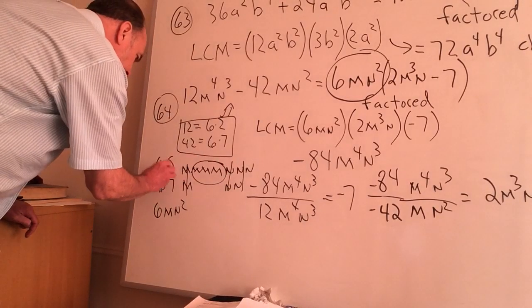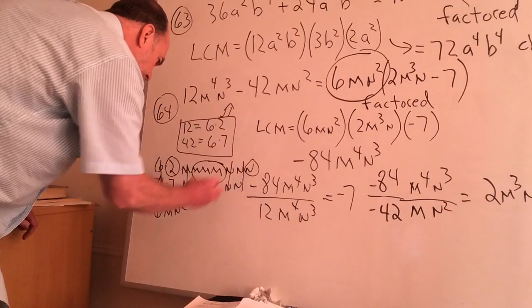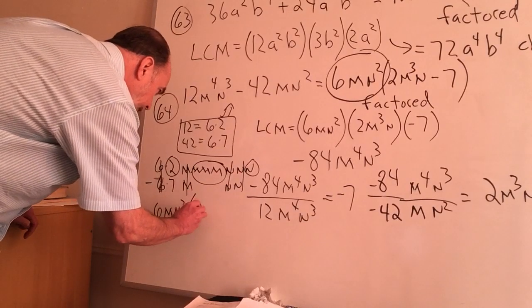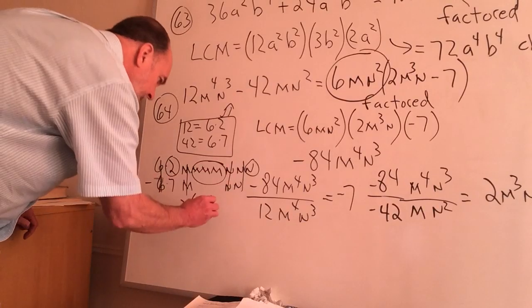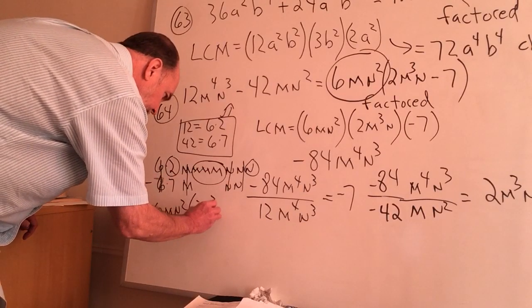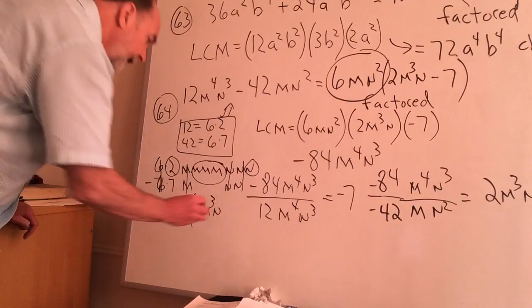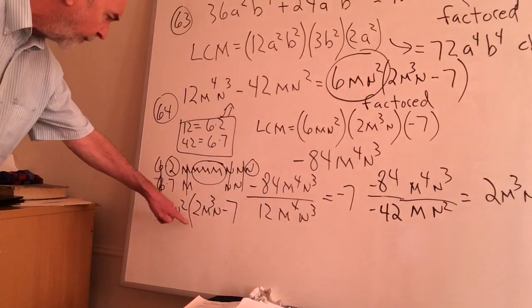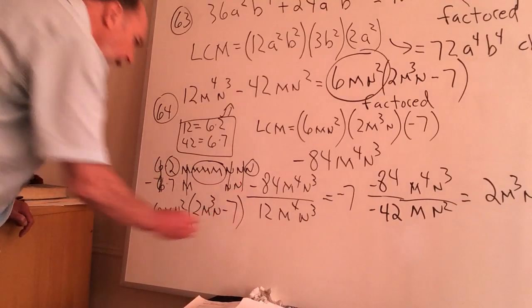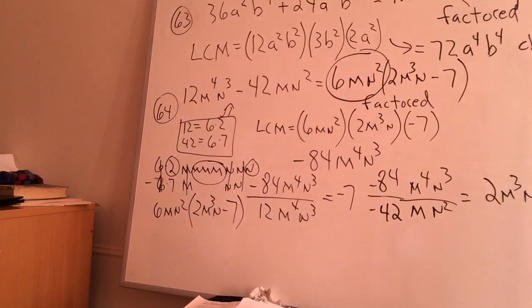There we go. And so it's times 2m to the third, because there are 3 m's and 1 n. Okay, and finally the minus sign, that's very important, 7, but since this matches this, that's how I did it in my head. And like I said, if you can't do it in your head, you can always write it out like this.